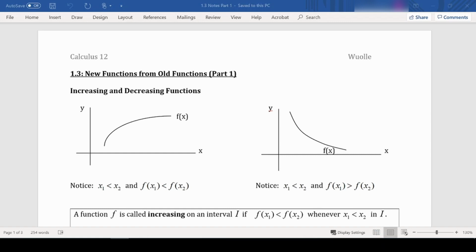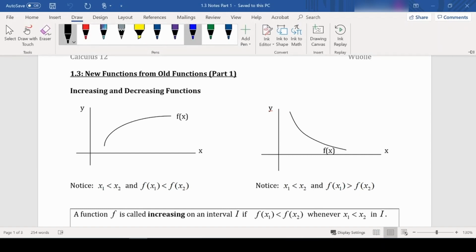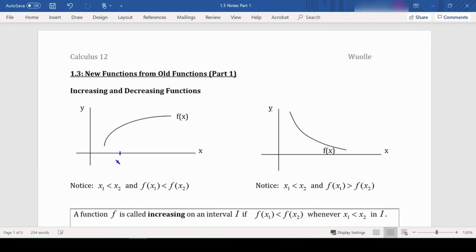So increasing and decreasing is first. You would have briefly talked about this when you did exponential functions in Math 12, and these are very intuitive. From left to right, if you read the function and it goes up, it's increasing. So the very formal way of saying this is if you have x1 and x2, so x1 is less than x2, this means you're going to read from left to right.